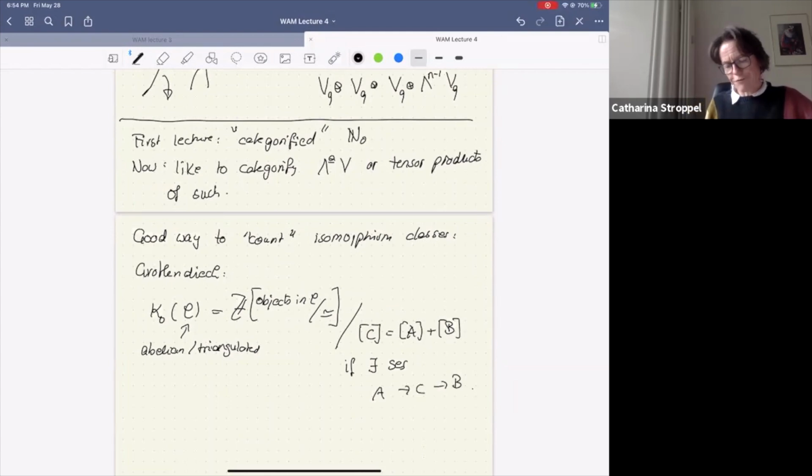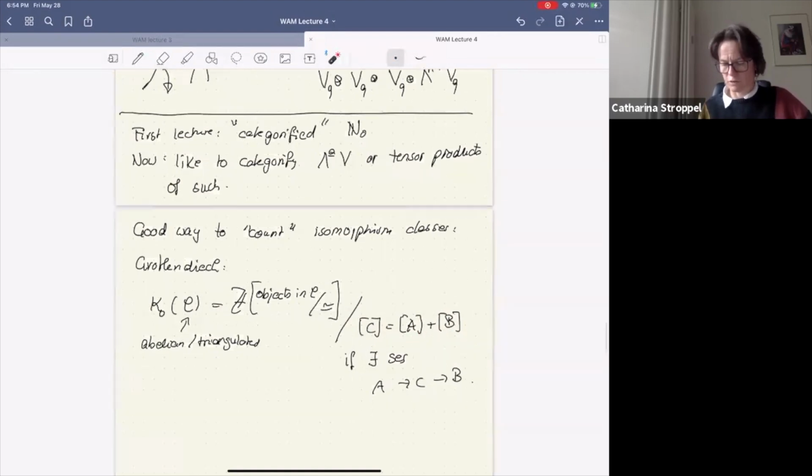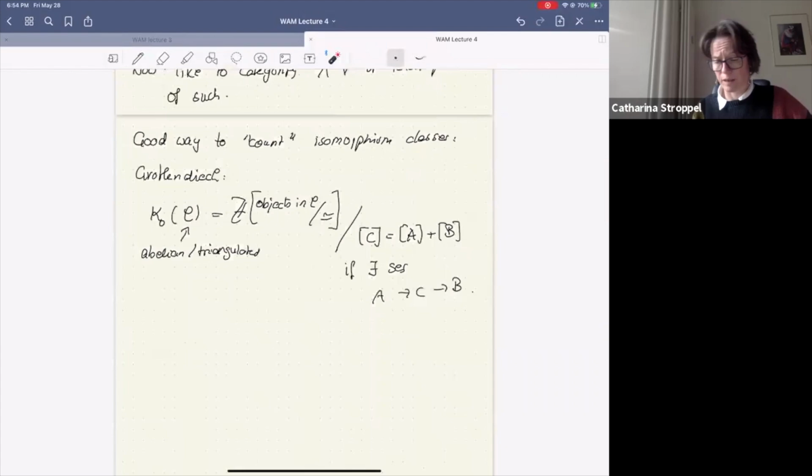If your category is semi-simple, then it's the same thing as a split Grothendieck group, which we saw more often. Otherwise, you force it somehow to be semi-simple, like every short exact sequence should behave as if it would split. Okay.